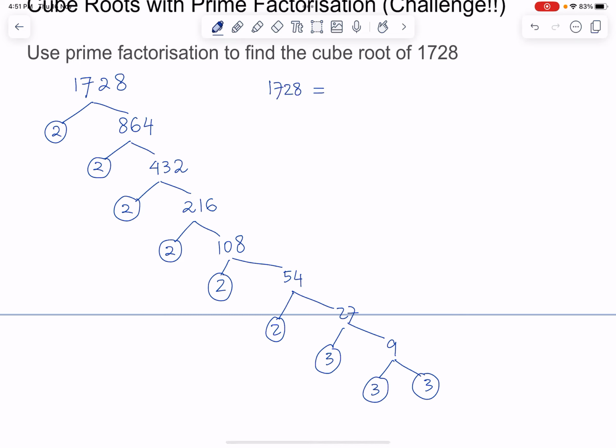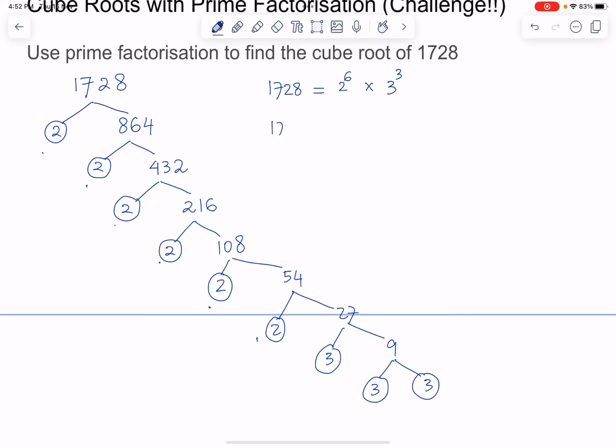We actually have now 1728 is basically 2 power 6. So 1, 2, 3, 4, 5, 6. And then times 3 power 3.